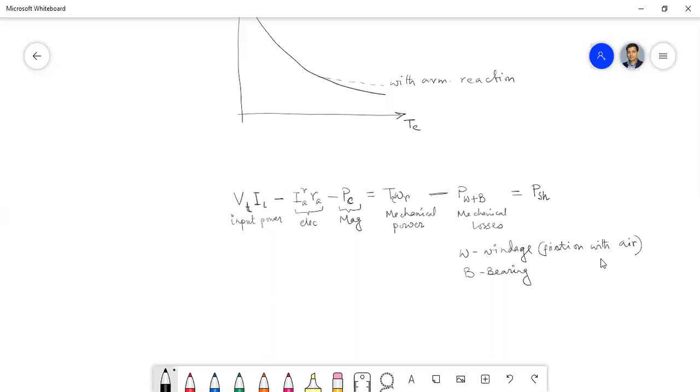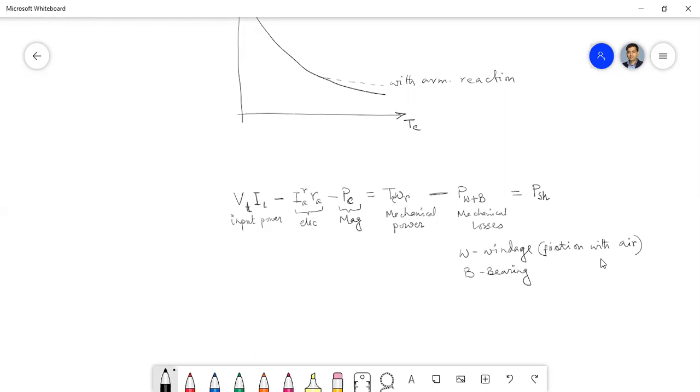As the machine is rotated in a normal environment, not in vacuum or on the surface of the moon, we can expect some friction with air. So the windage loss will come into consideration.